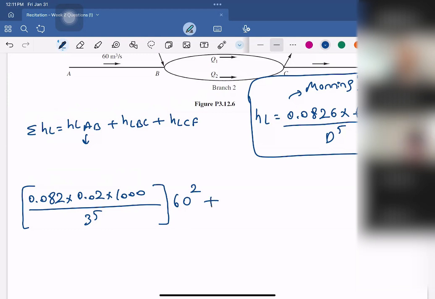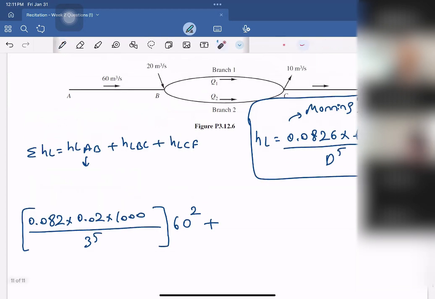Plus now for the BC, which is either here or here, because we already have an equivalent pipe, so we will directly use that.